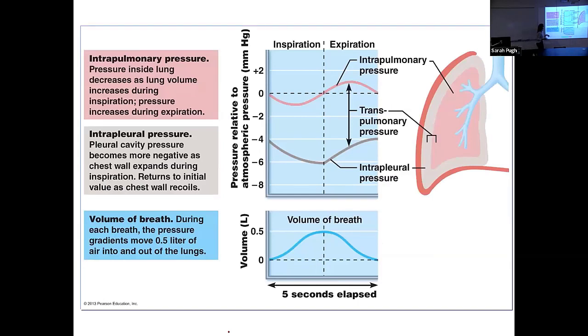So this is showing you here, if we look at this top graph, this is pressure in the lungs relative to atmospheric pressure. So this is like the intrapulmonary pressure in the lungs. And so again, remember, if it's at atmosphere, it's 0.